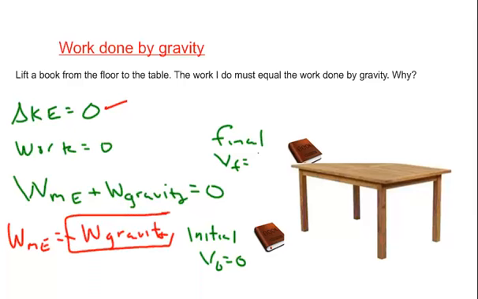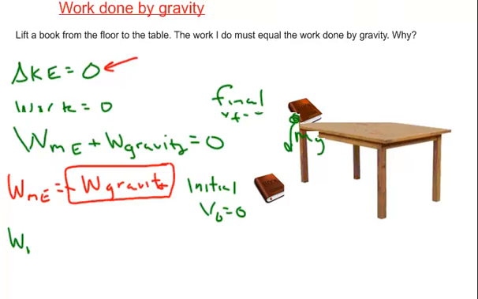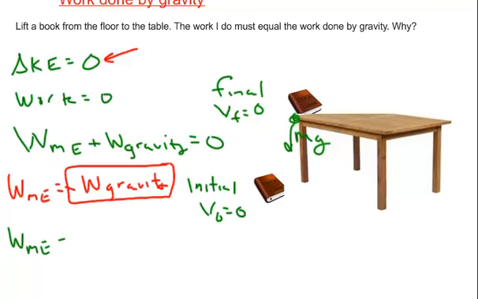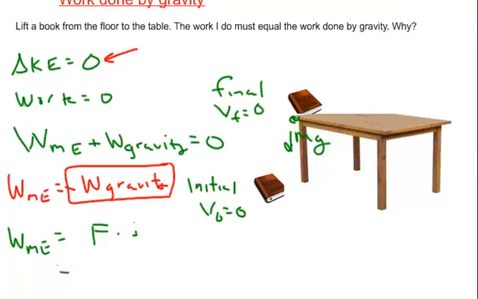Now, it's kind of funny to think about gravity doing work. It's not like gravity is a person, but the work that is done by the force of gravity. And when you say it like that, we know that the force of gravity on this thing is just mg. So the work done by gravity equals F dot D, where F is the force of gravity, which is negative mg, times D, which is the height of the table.